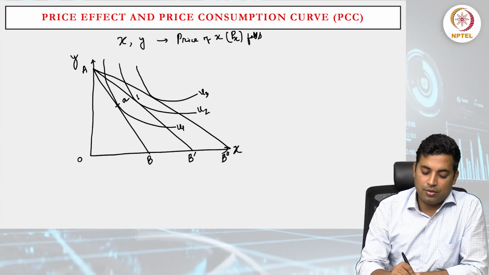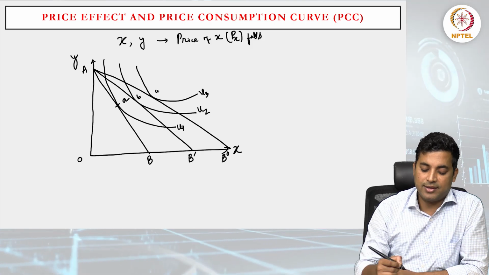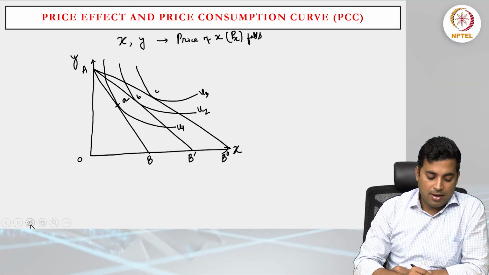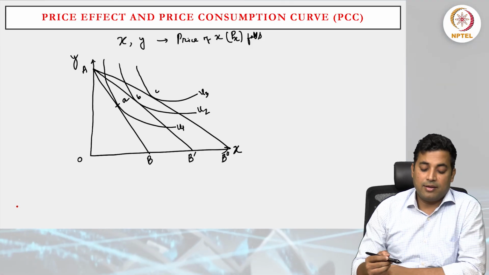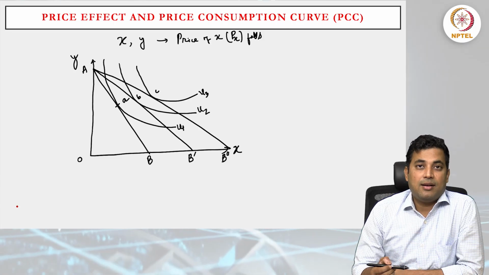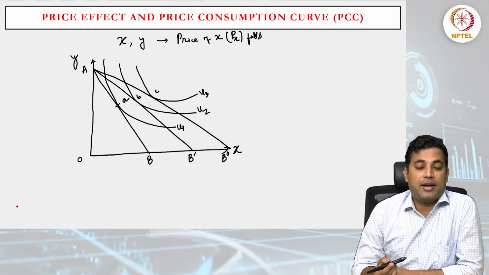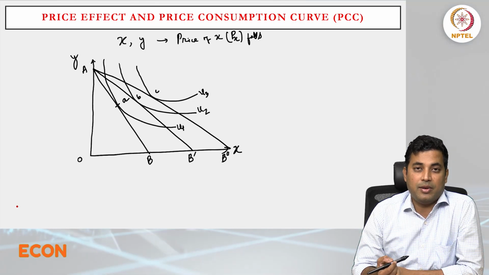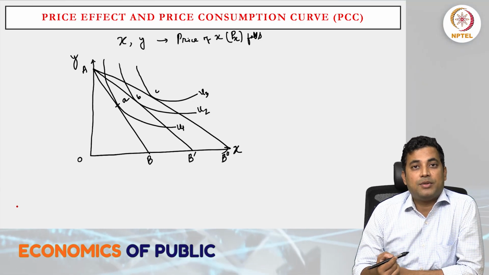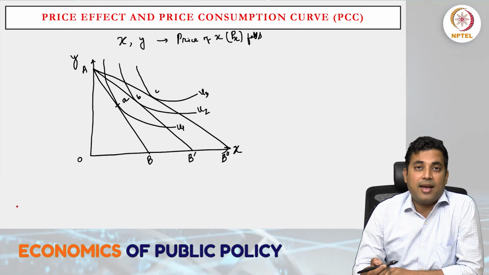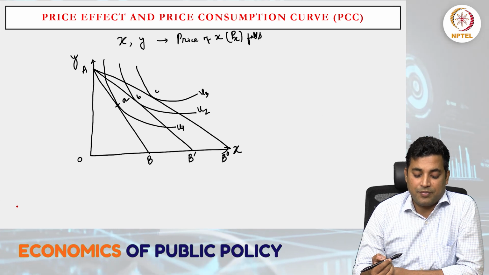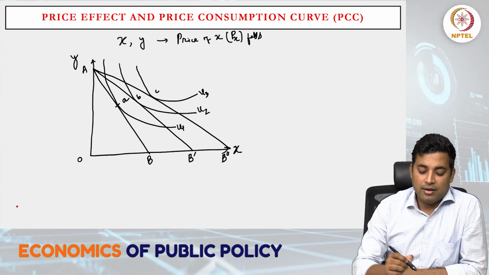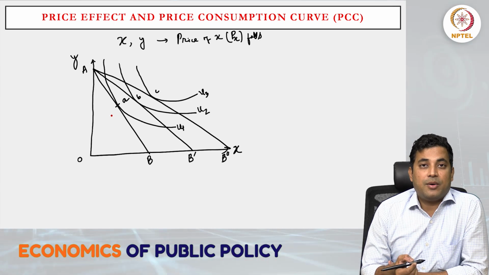So the new tangent point is C. C is giving higher utility than B, and B is giving higher utility than A, and this is because the price of the commodity, say X, has decreased.